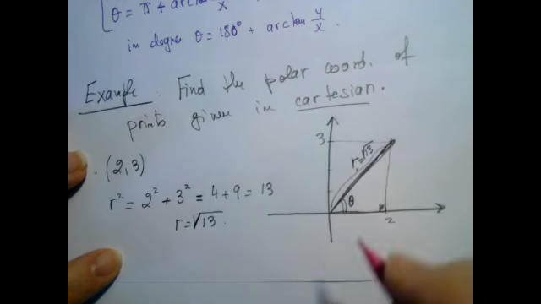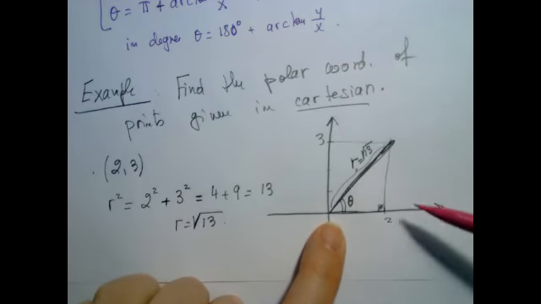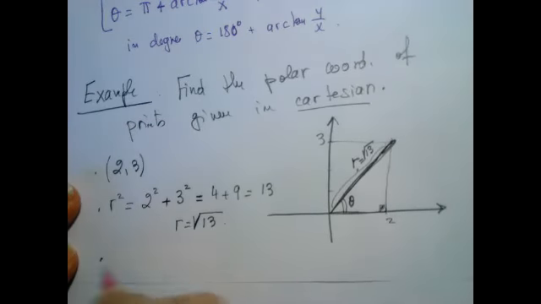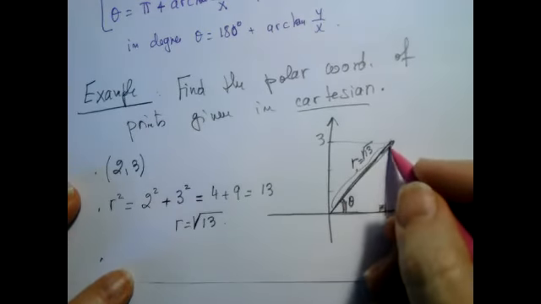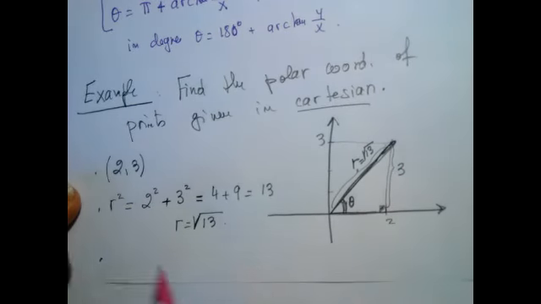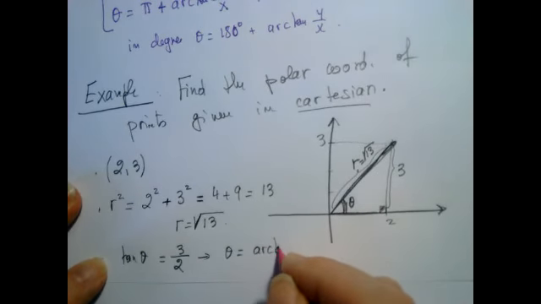Now I need theta. Theta is always the angle between the positive x-axis and the point P. So to find theta, I say, okay, this is theta. From here to here, it's 3. That's really what I am using. And this is 2. So we say tangent theta is 3 over 2. So theta is the arctangent.